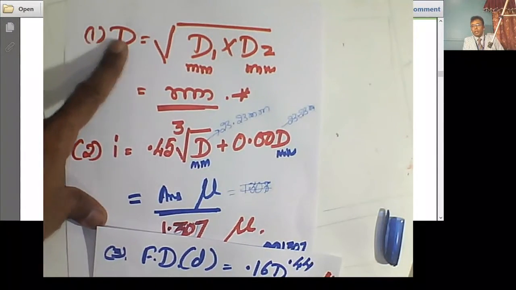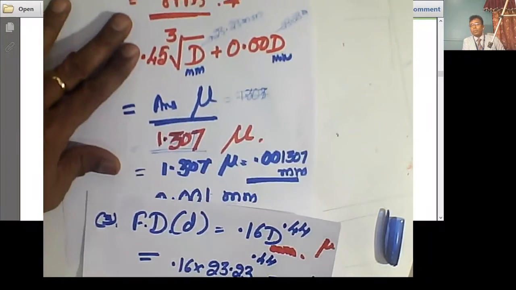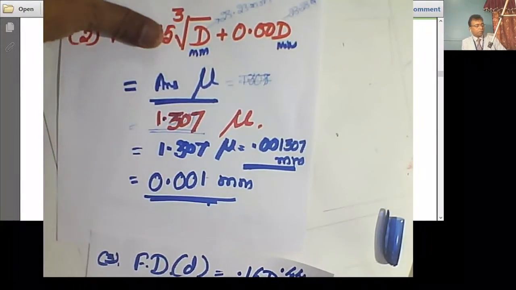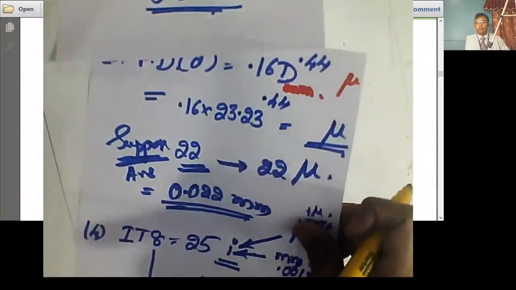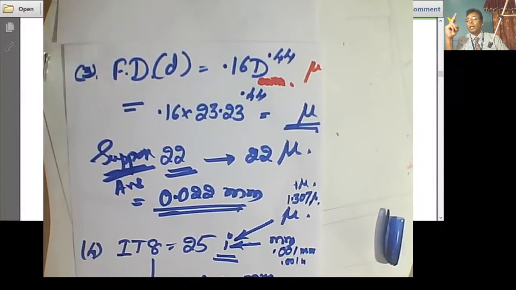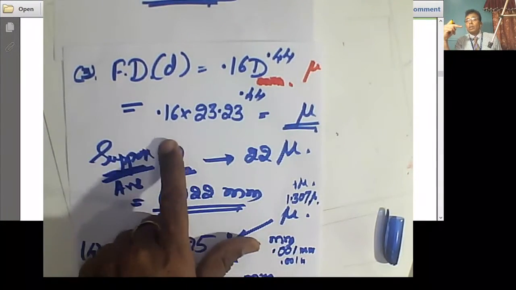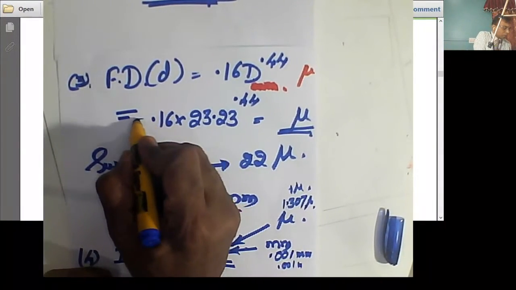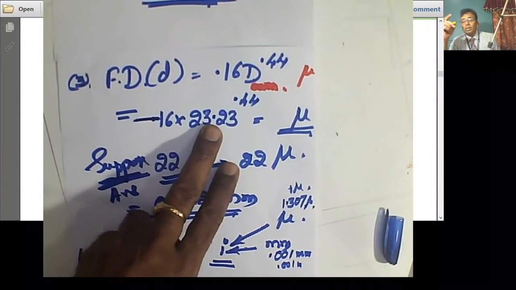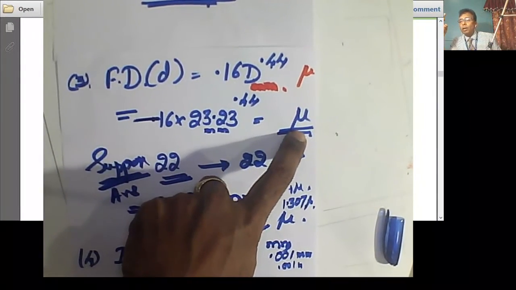Please note D is in mm, I you get in microns. Convert that into millimeters again. Next, third one, the fundamental deviation either for the hole or for the shaft. You substitute the d value in millimeters and the answer you get is in microns: minus 16 into 23.23, again this is in mm, and the answer you get is in terms of microns.